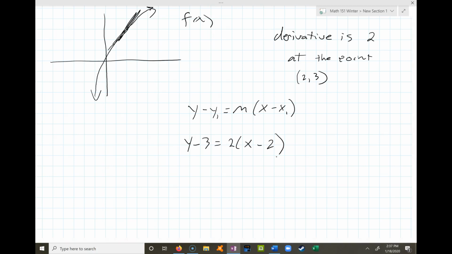So in class, we've talked about tangent lines and secant lines. The tangent line is a line that represents the steepness, or the slope, at that point.